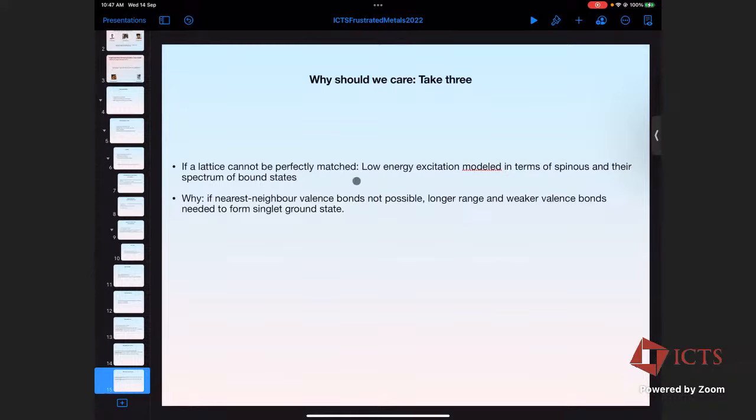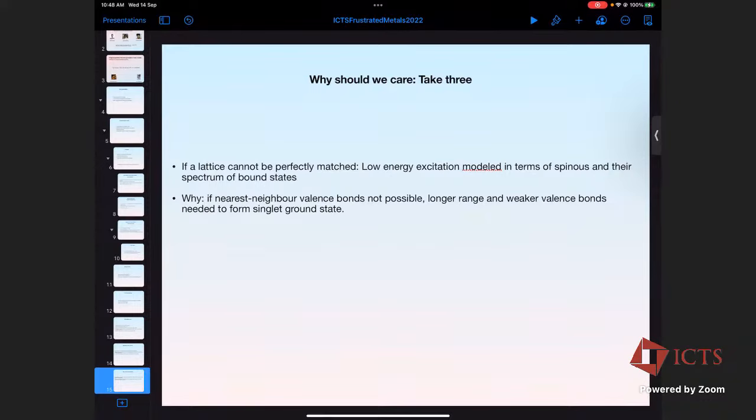But if the lattice cannot be perfectly matched, then what do you do? So if you extend this Rokhsar-Kivelson picture, then there's a natural answer. You would say that if the lattice cannot be perfectly matched, then there's going to be some monomers, some unpaired sites, and that's like spinons. So if you restrict yourself to nearest neighbor valence bonds, then these spinons will be free.